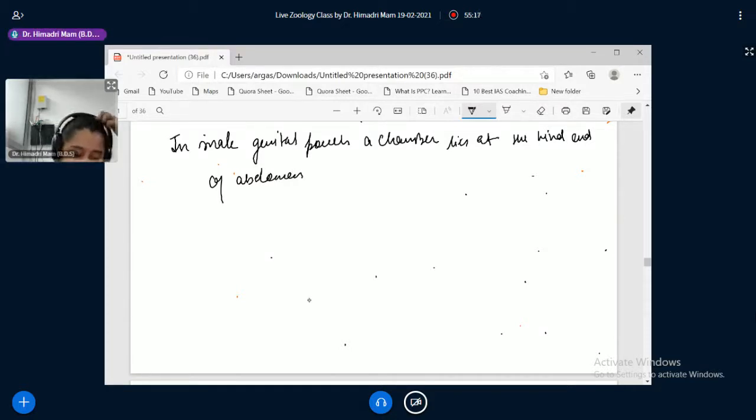Right. Bounded dorsally by the 9th and 10th segment.